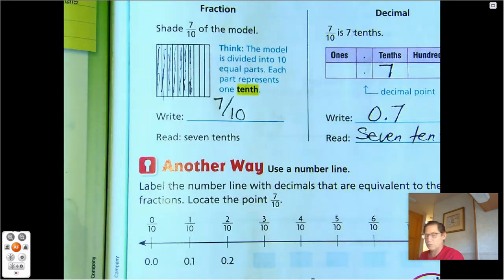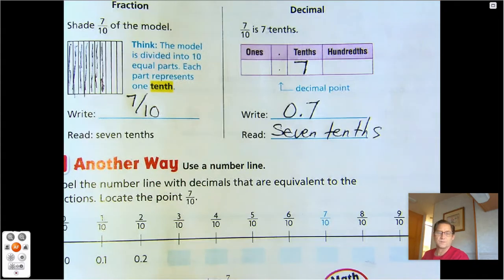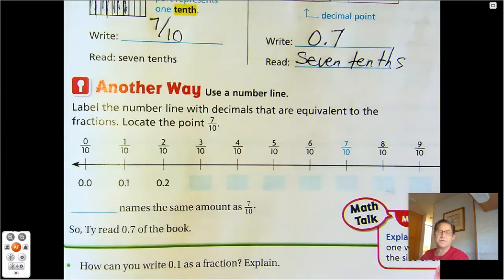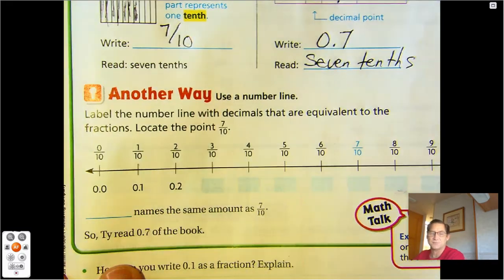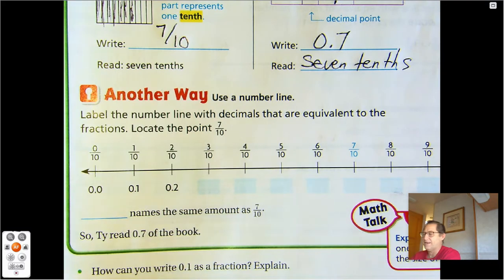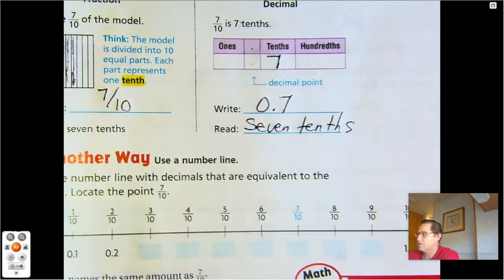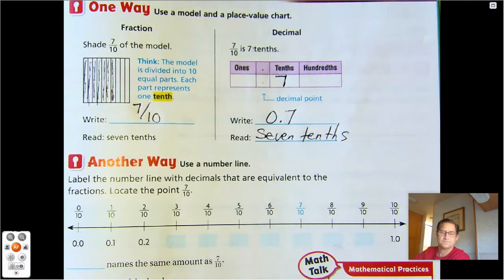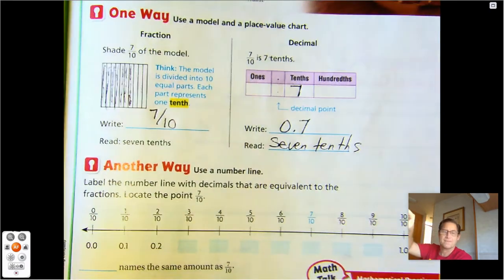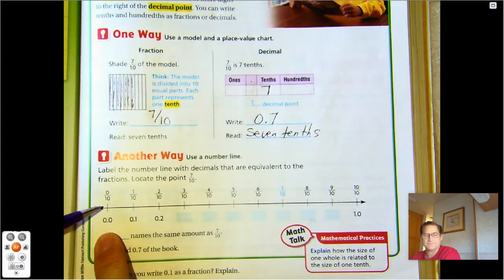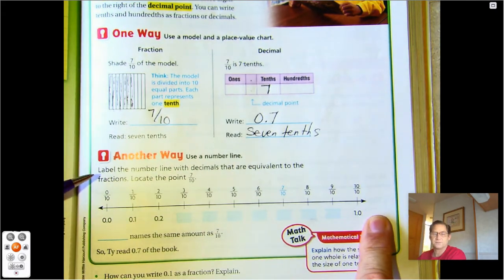Okay, another way we could figure out the decimal values is to use a number line with decimals that are equivalent to the fractions. So locate 7/10 on the number line. Okay, so we know that on the number line we have 0 to the left and we have 1 to the right.